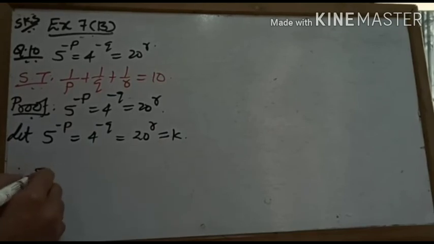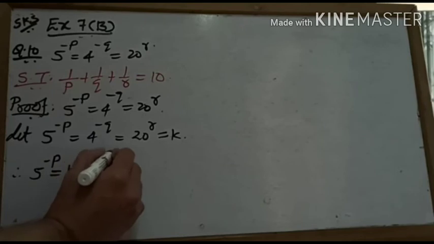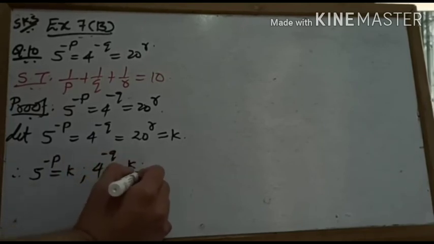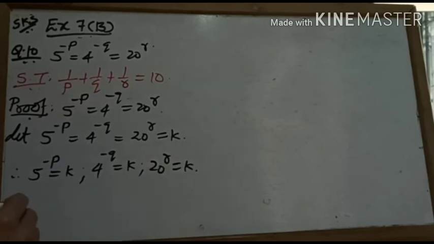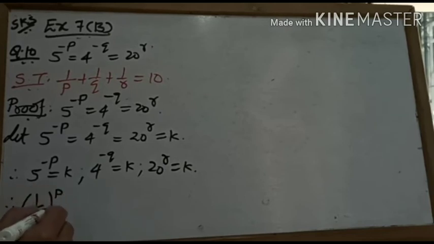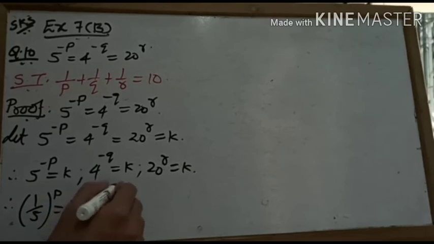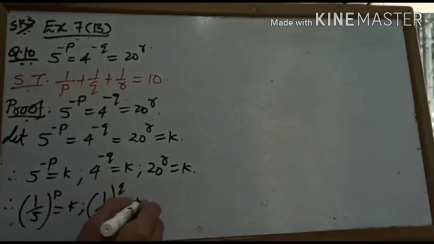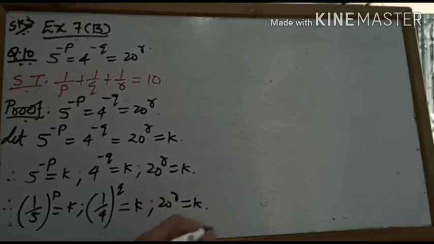That will fetch me 5 raised to negative p equal to k, also 4 raised to negative q equal to k, also 20 raised to r is equal to k. If I want to convert this negative power into positive power, I can write it down as 1 upon 5 whole raised to p equal to k, 1 upon 4 whole raised to q equal to k, and 20 raised to r is equal to k.